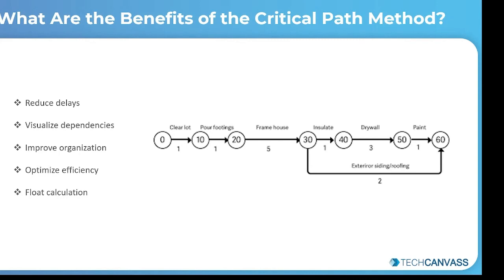The last benefit of the critical path method is that it helps in calculation of float. Float, as we will learn in different slides, defines how much a task can be delayed without impacting the project schedule. This is an important part of the critical path method. Calculating the float can help you distribute resources more effectively.